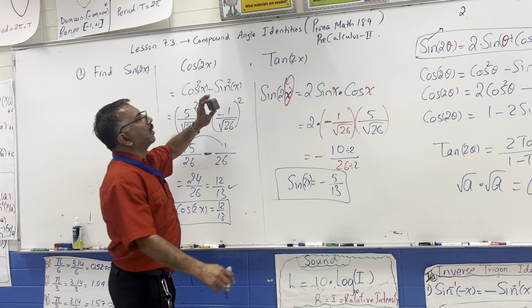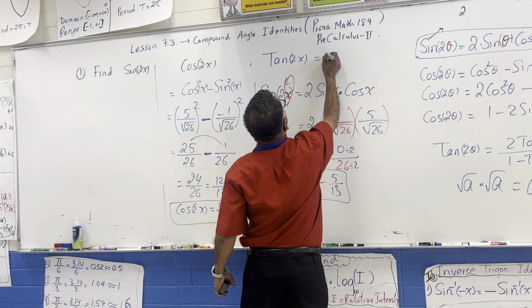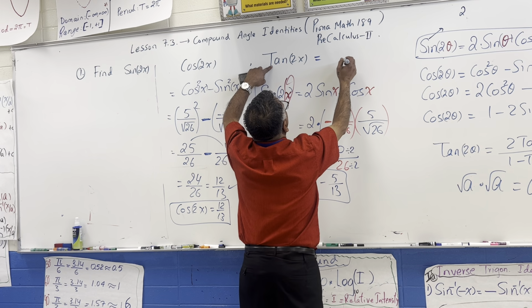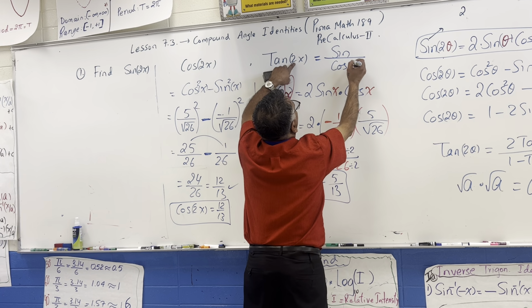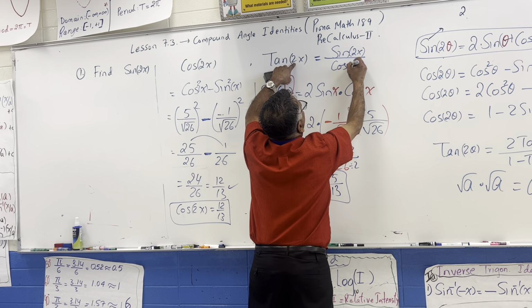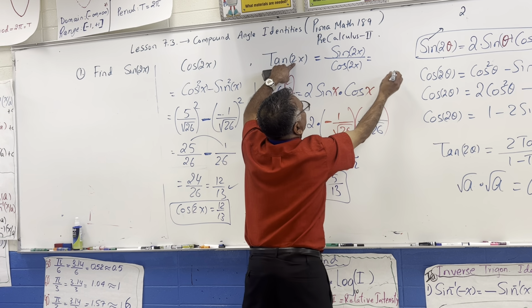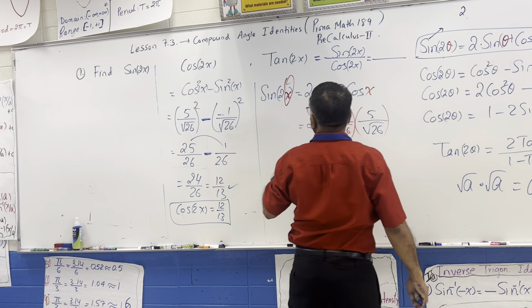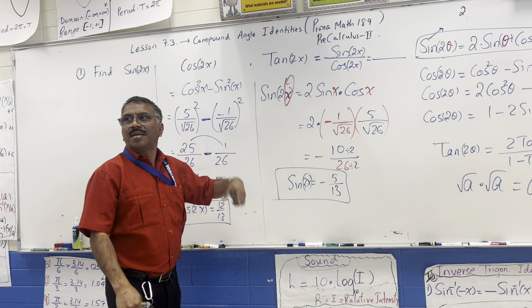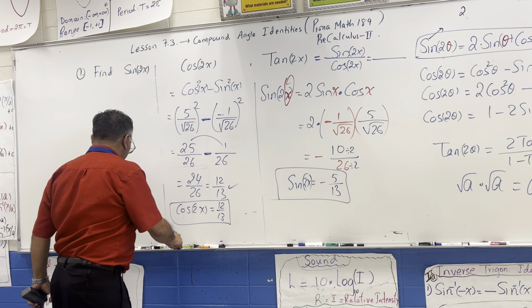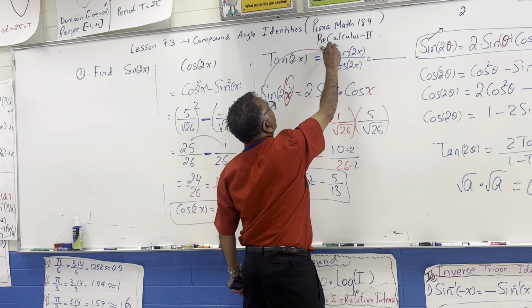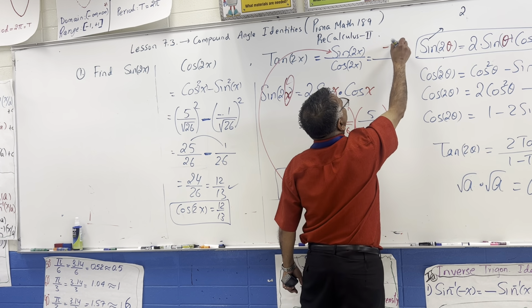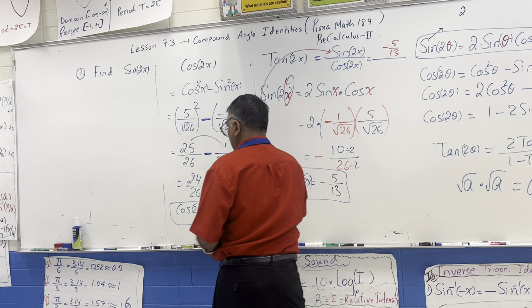And how do I use it for tan 2x? What is the definition? How do I write tan in terms of sine and cosine? Sine over cosine, whatever the angle remains, and you just plug in here. What is sine 2x? 5 over 13. So this sine 2x will go right here, which is minus 5 over 13.